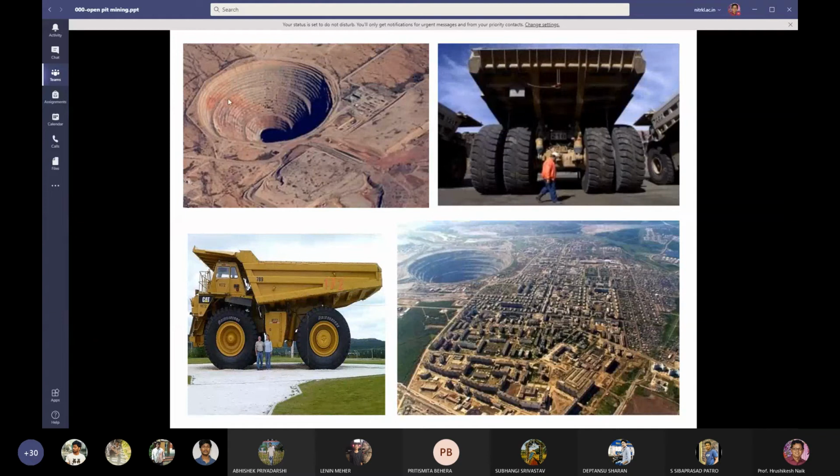The open pit mines are conical shape, and these are the sizes of the dumpers used in open pit mining. So this is the mining, a conical shape entering the earth crust to take out the minerals.